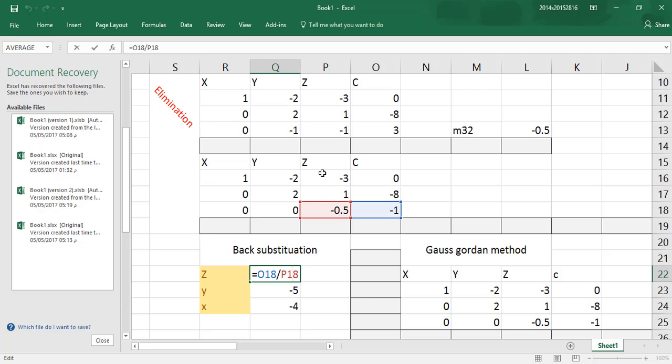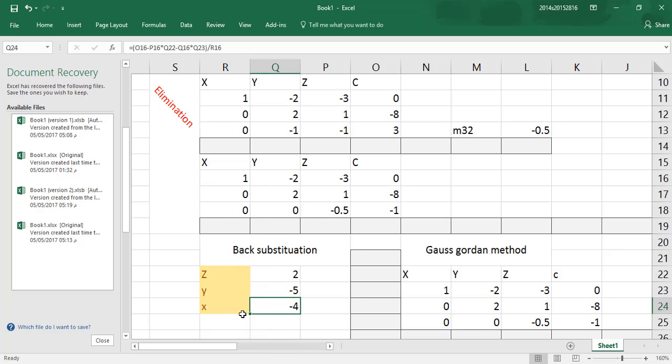We do the same for y, but the difference is that we substitute the value of z in the equation of two variables and get the value of y.